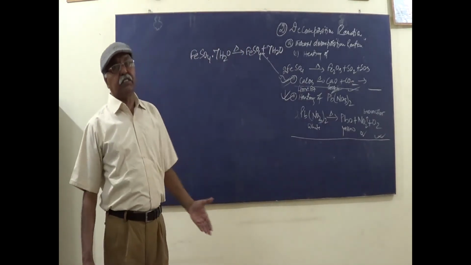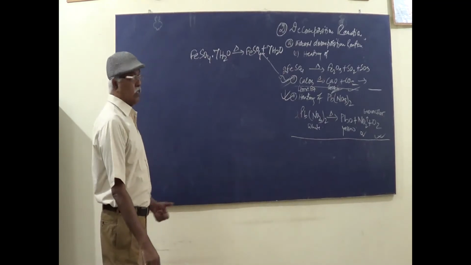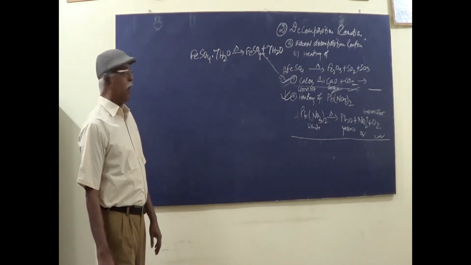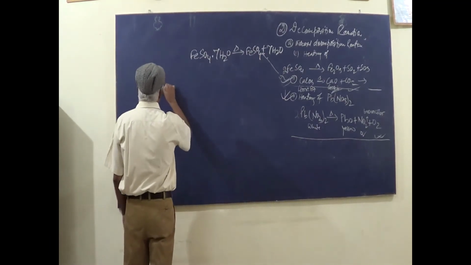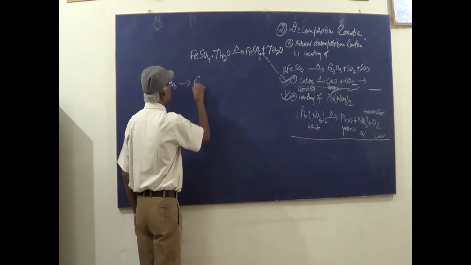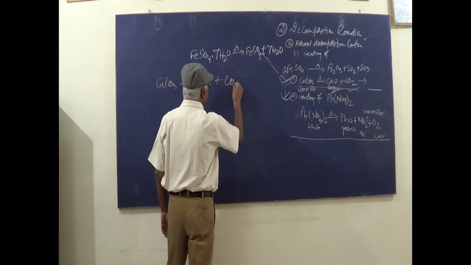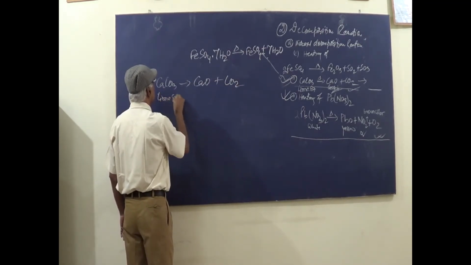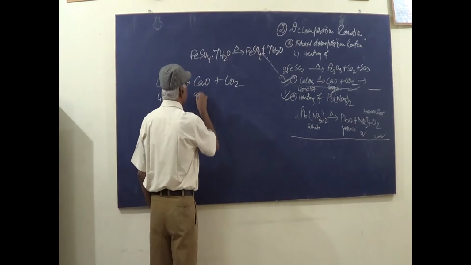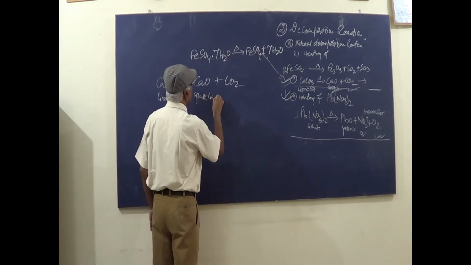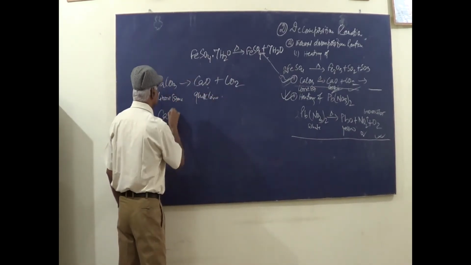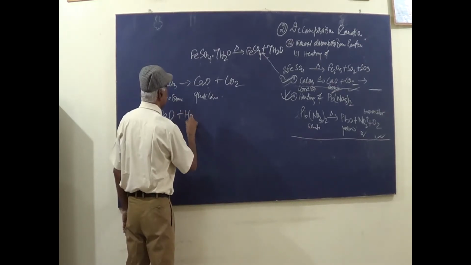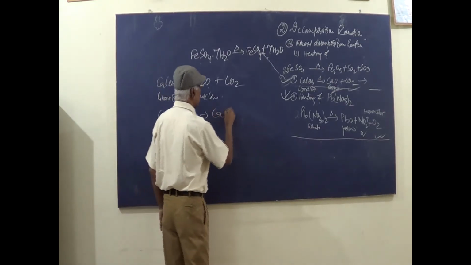I am explaining the total chemical process. Initially, CaCO3 gives CaO plus CO2. It is a limestone, quicklime. And then quicklime is converted into slaked lime by reaction with water, Ca(OH)2.